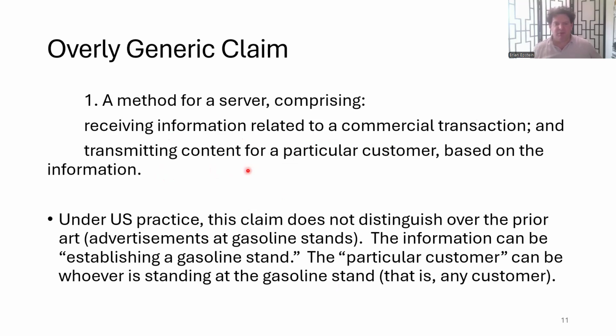That could be the information. Or maybe the information is an initial registration, right? We're going to begin serving advertisements at this gasoline stand. So please start sending us data. Maybe that's related to a commercial transaction.